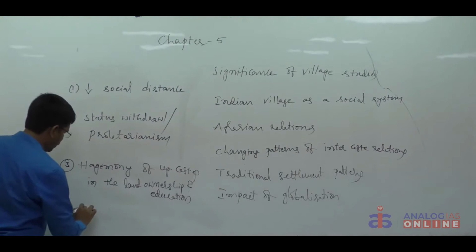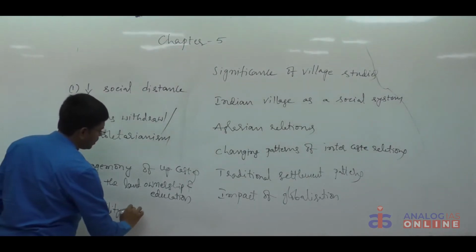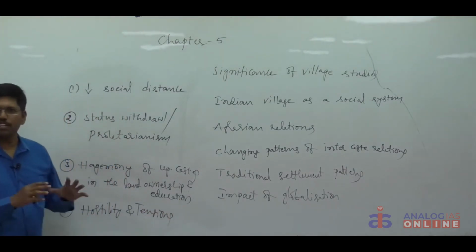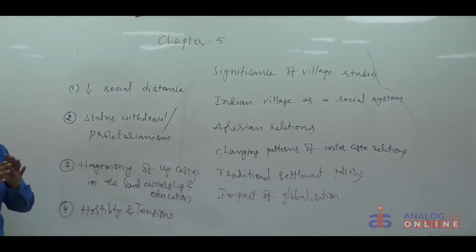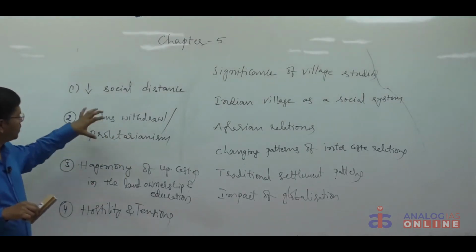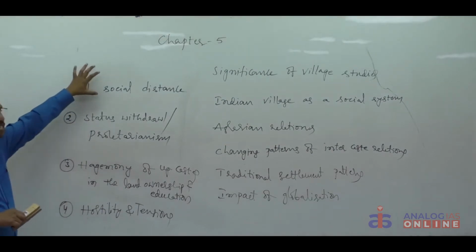And the fourth is hostility and tensions. These are the four changes, a set of changes. Whenever there is a set of changes or a set of relationships, that is called one pattern. Here, during the course of time, these major changes were brought about as a set. That's why these are the changed patterns.